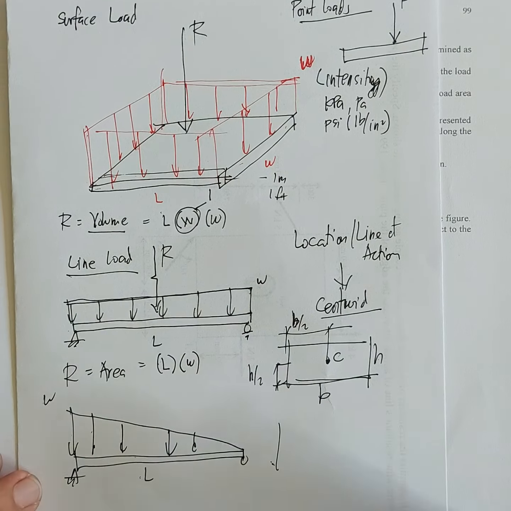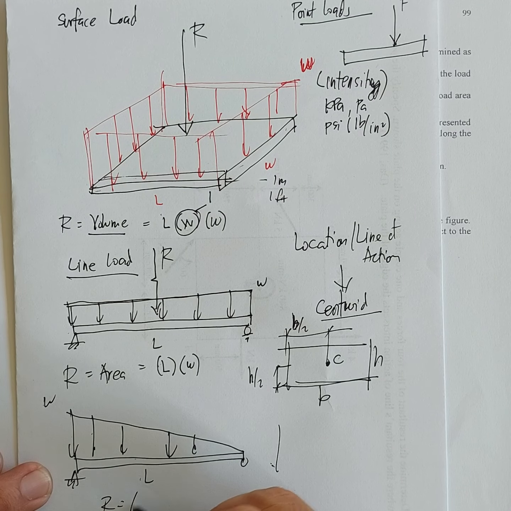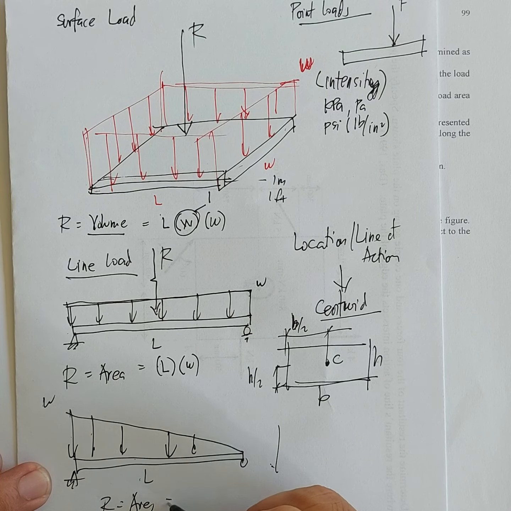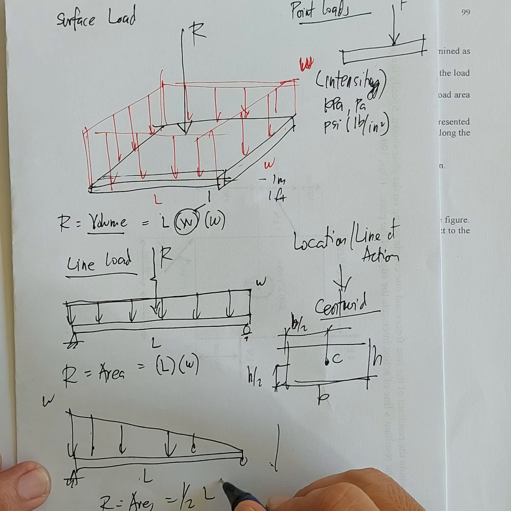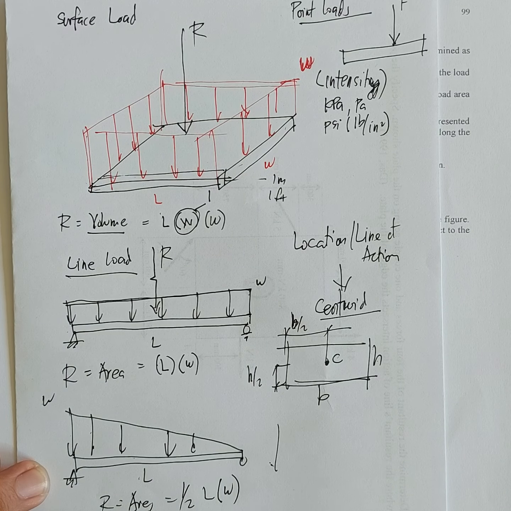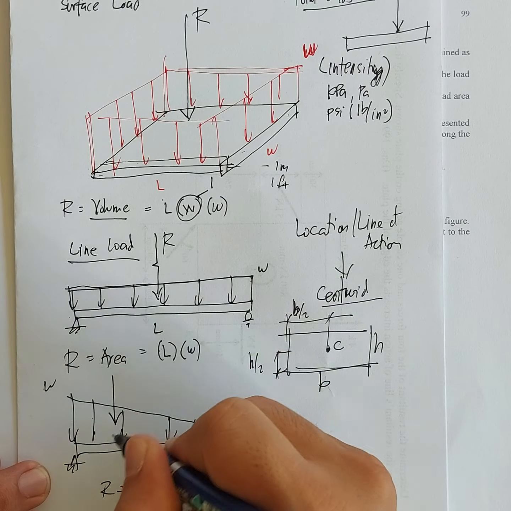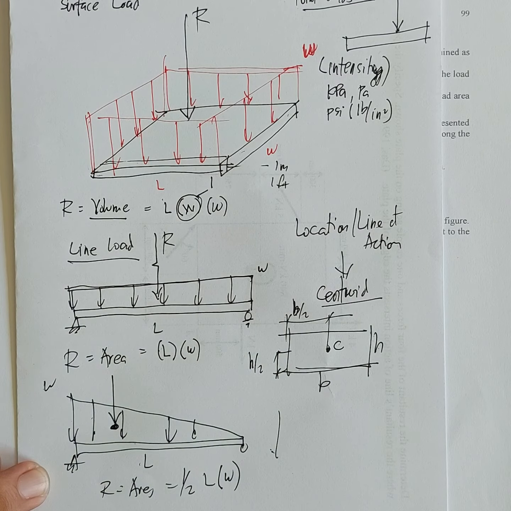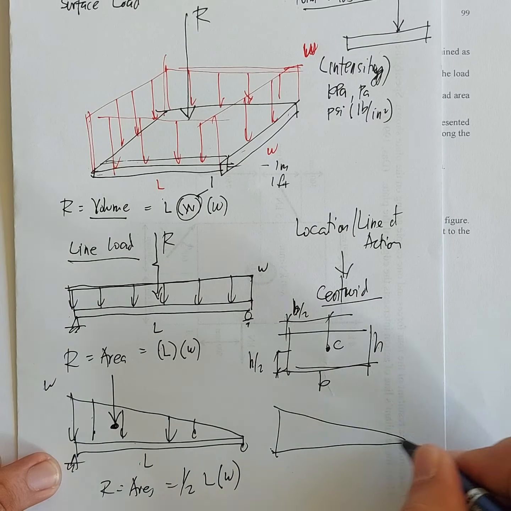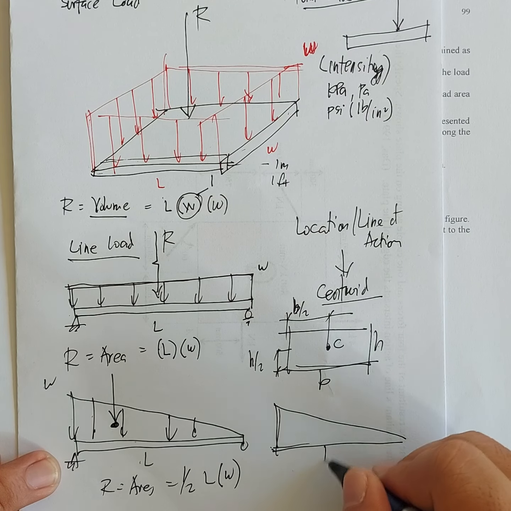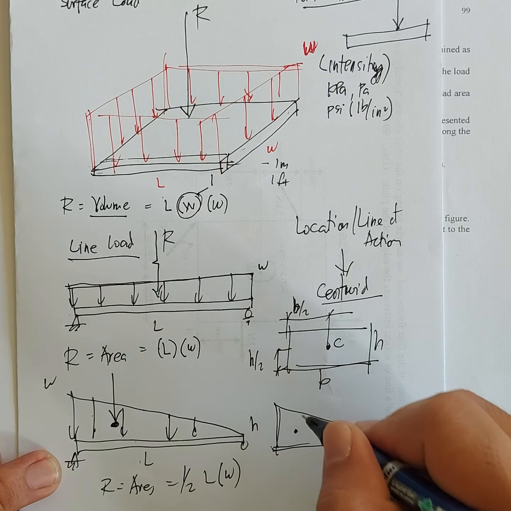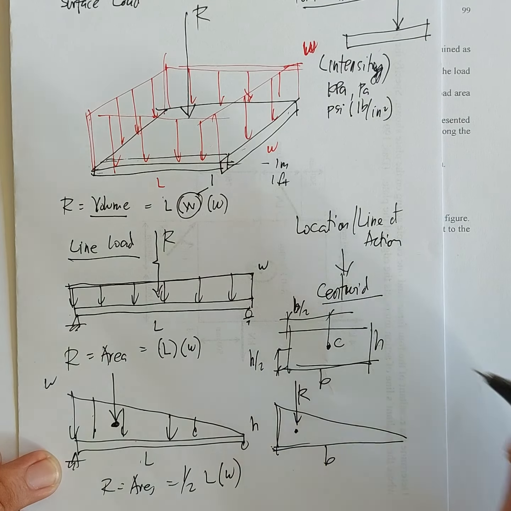So again, the resultant is the area. This is 1/2 L times yung intensity w. And the resultant is at the centroid ng triangle. So, ano yung centroid ng triangle natin? This is the base, this is the height. Dito yung center niya. Nandyan yung resultant natin.